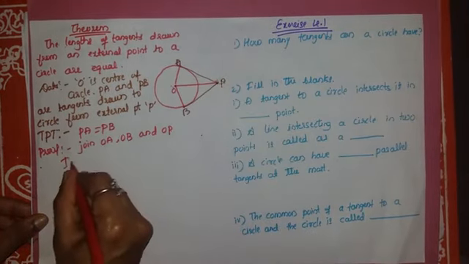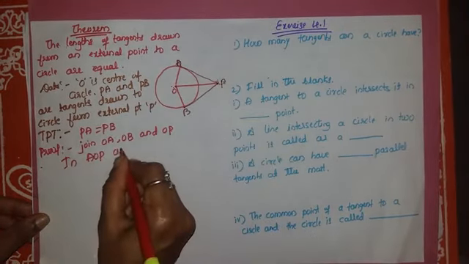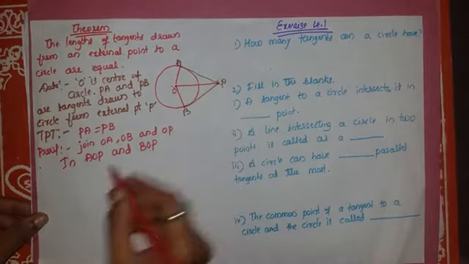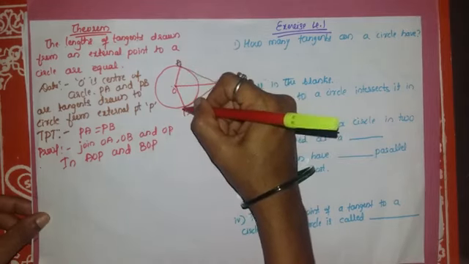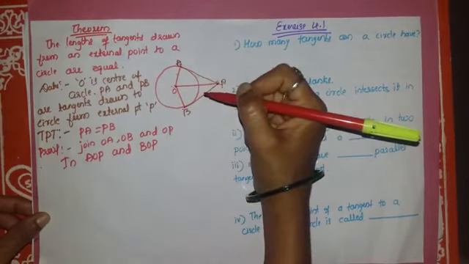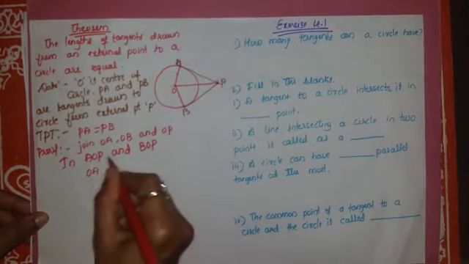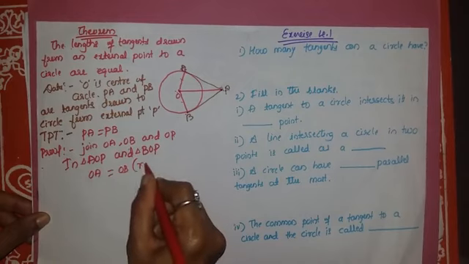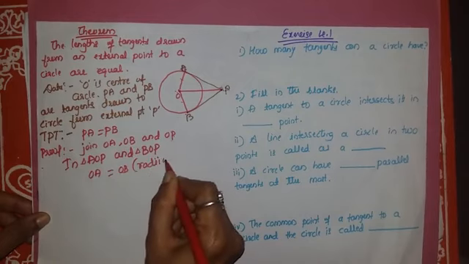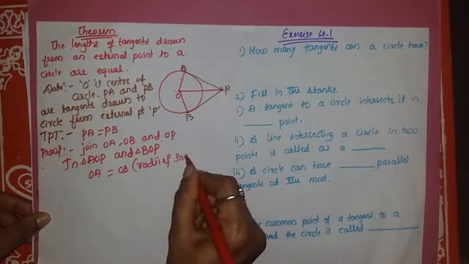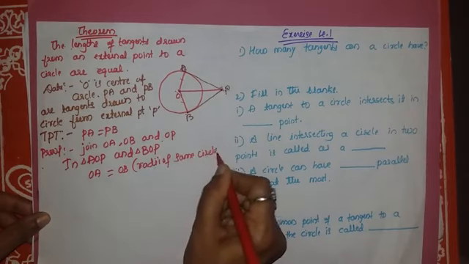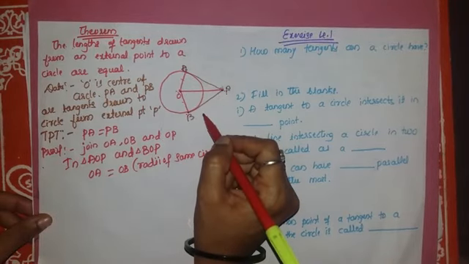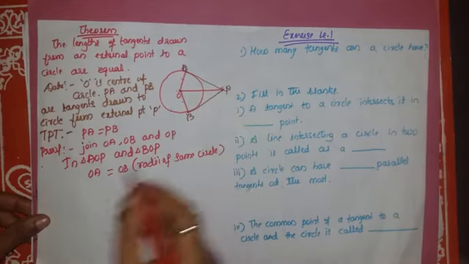In triangles AOP and BOP, we have OA equals OB because they are radii of the same circle. Then OP is the common side.